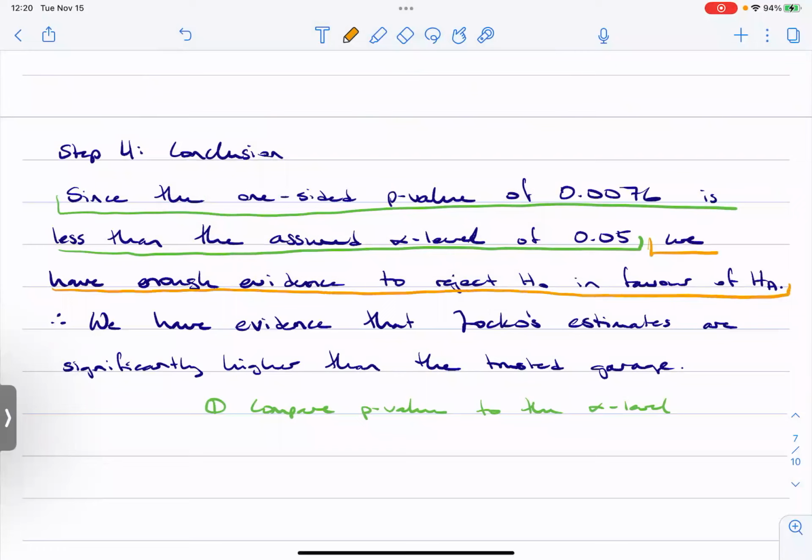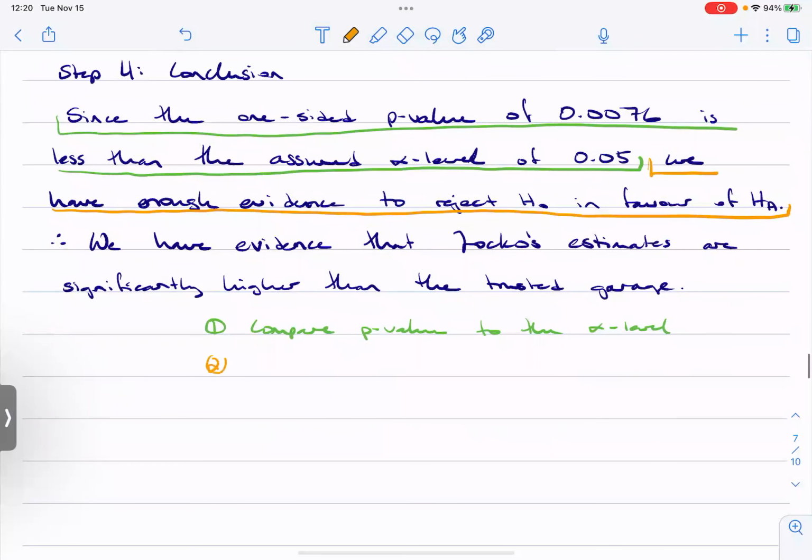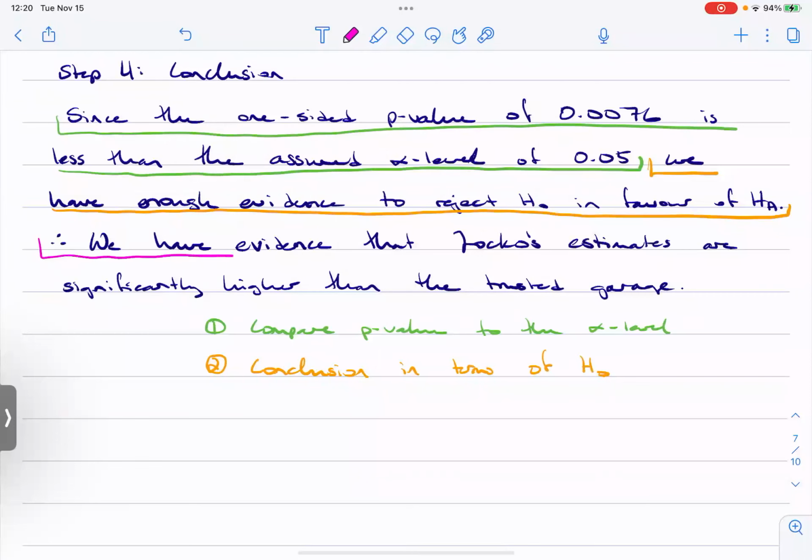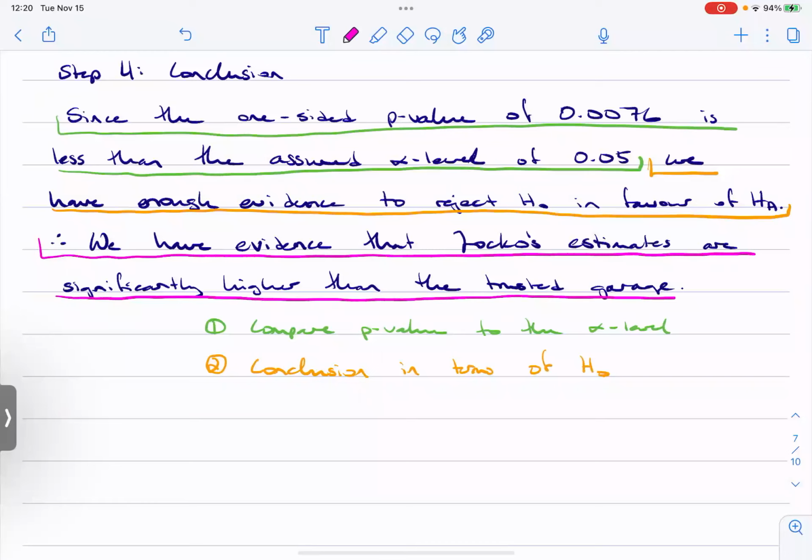Remember, we did all our testing assuming the null hypothesis was true. Until now, we have evidence against that. So your conclusion in terms of H naught. And then finally, the one people love to forget, your conclusion in terms of the question, arguably the most important.